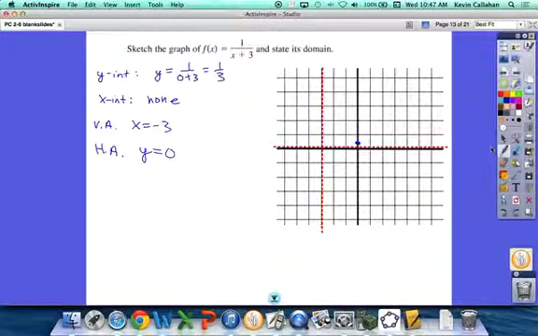And last, plot a few points. The significant values that we've got are only this vertical asymptote and the y-intercepts. There's really nothing else there. So maybe we could sketch a couple points over here.